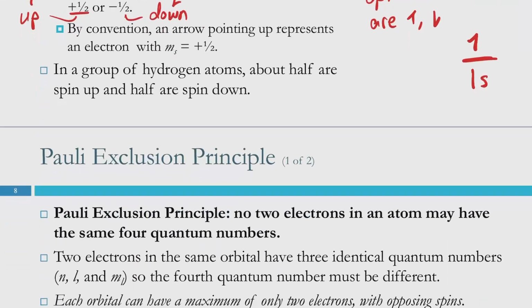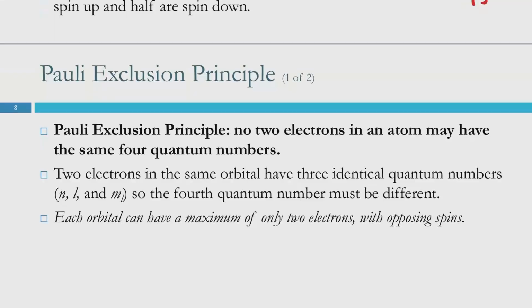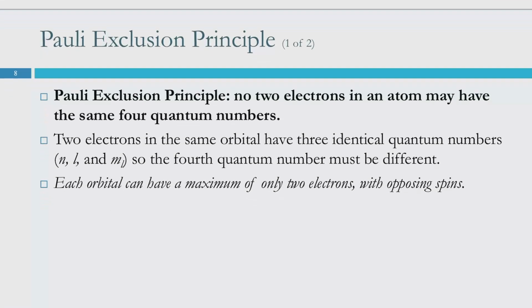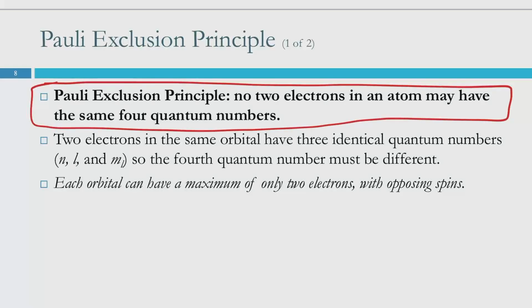Okay, our first rule with electron configurations and orbital diagrams is the Pauli exclusion principle. Under the Pauli exclusion principle, no 2 electrons in an atom may have the same 4 quantum numbers. 2 electrons in the same orbital, the same shape within a family, have 3 identical quantum numbers. So 2 electrons in 1s will have n equals 1, because that's the number that goes in front.